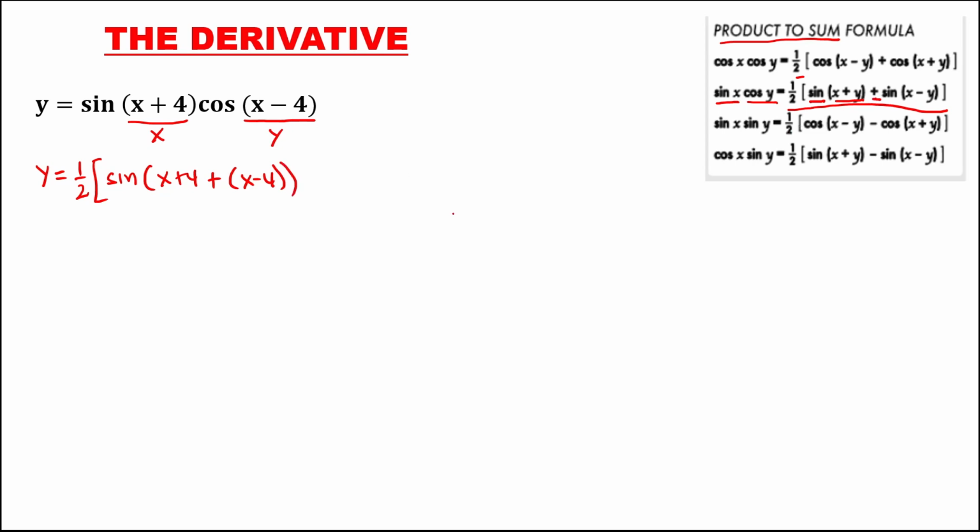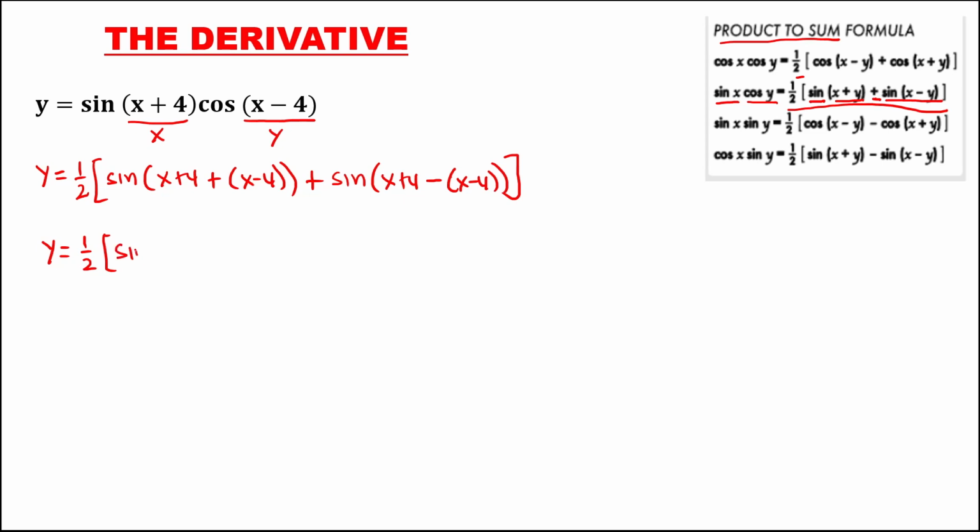Then we have plus the sine of x minus y. So sine, and again x is x + 4, then minus y, which is x - 4. Then to simplify, y equals 1/2.